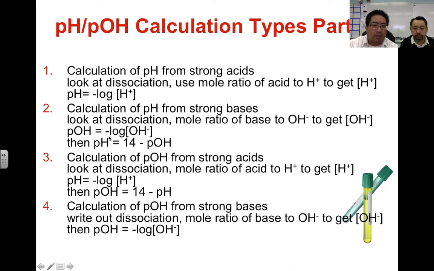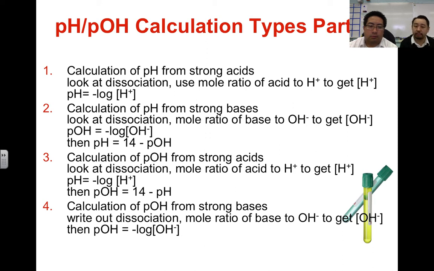And that'll give me the pOH, and then I can subtract that from 14 to get the pH. Realize that when we're talking about the mole ratio, we're talking about the subscript that would be associated with either the hydrogen ion if we're dealing with an acid, or the hydroxide ion if we're dealing with a strong base. And whatever subscripts are associated with it, we would multiply that by our molar concentration of our acid.